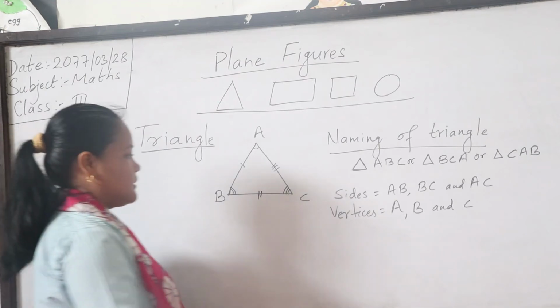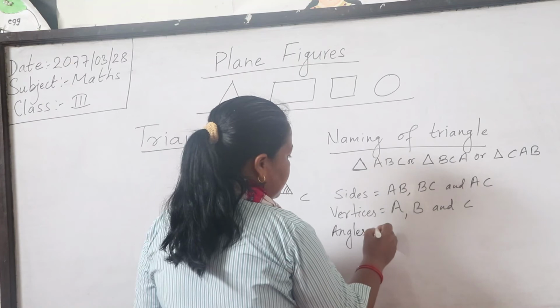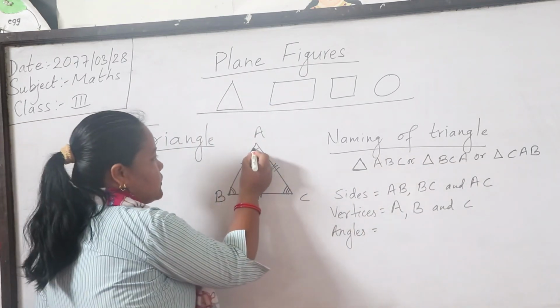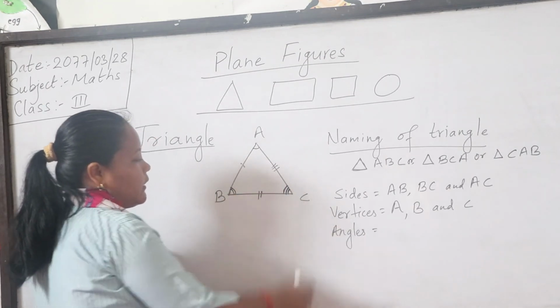And the angles. How to write the name of the angles of this triangle? This is the first angle, second angle and third angle.